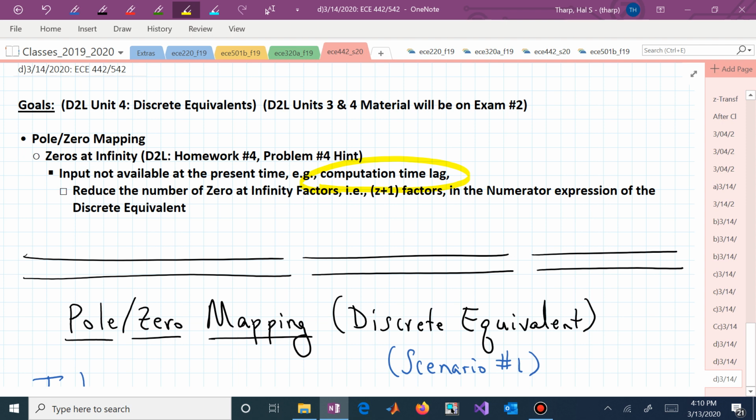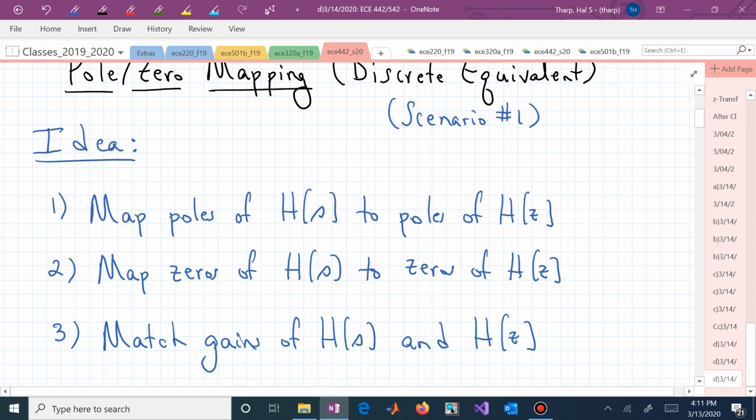If it takes you a long time to compute what you're trying to compute to get the output from the input, if the input is not really available at the present time, then you may want to introduce a pole zero excess in your discrete time representation that differs from how many z plus 1 factors you have included in your discrete equivalent. And hopefully we'll be able to make that a little bit more clear as we go through this discussion.